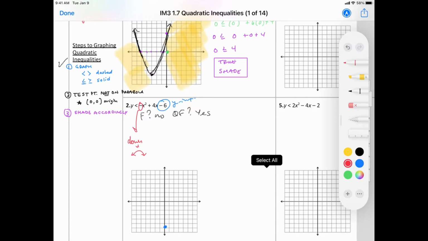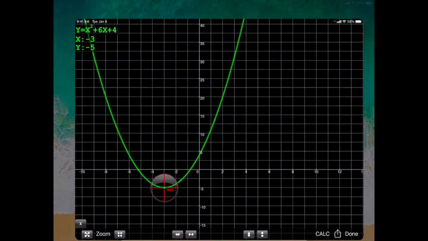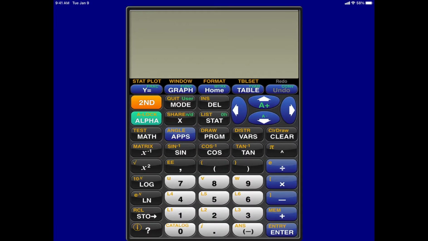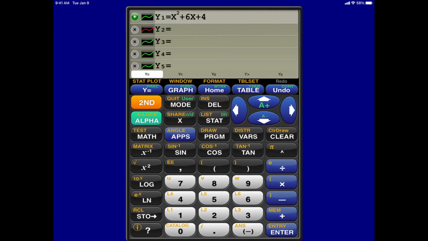Okay, let's go ahead and punch that into our graphing calculator. In this problem we had negative x squared, so you just clear that out. The negative sign is to the left of the enter. Notice how that's a subtraction sign.